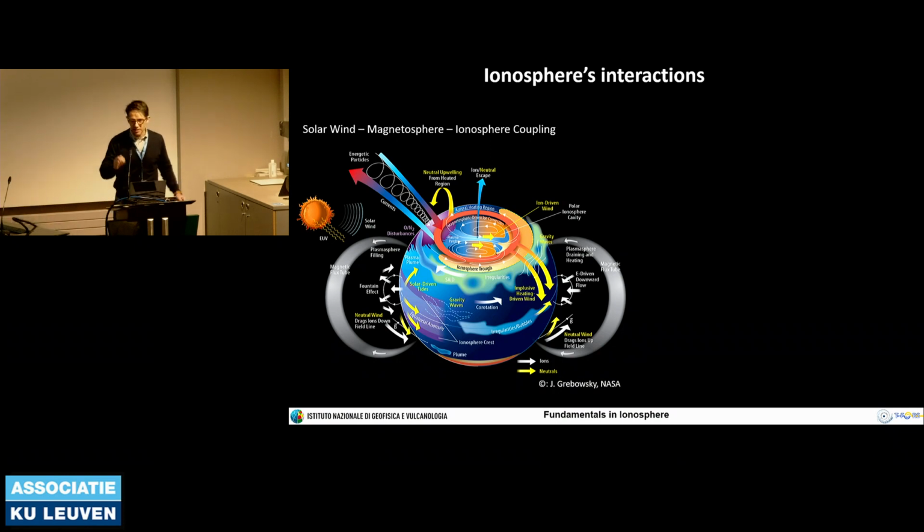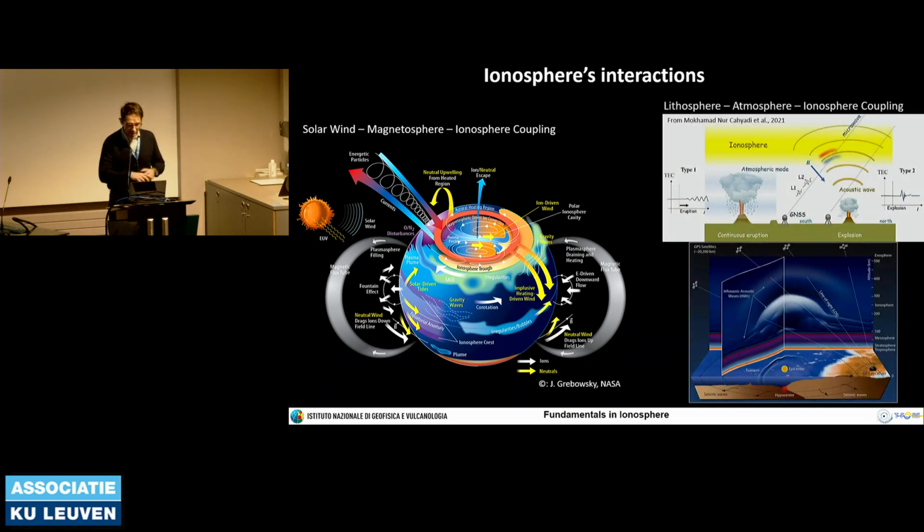But the ionosphere is peculiar not only because it's exposed to the geospace forcing, but also because it's exposed to forcing from below, from the lower layers of the atmosphere, through the so-called lithosphere-atmosphere-ionosphere coupling, which is becoming more and more important in recent years.